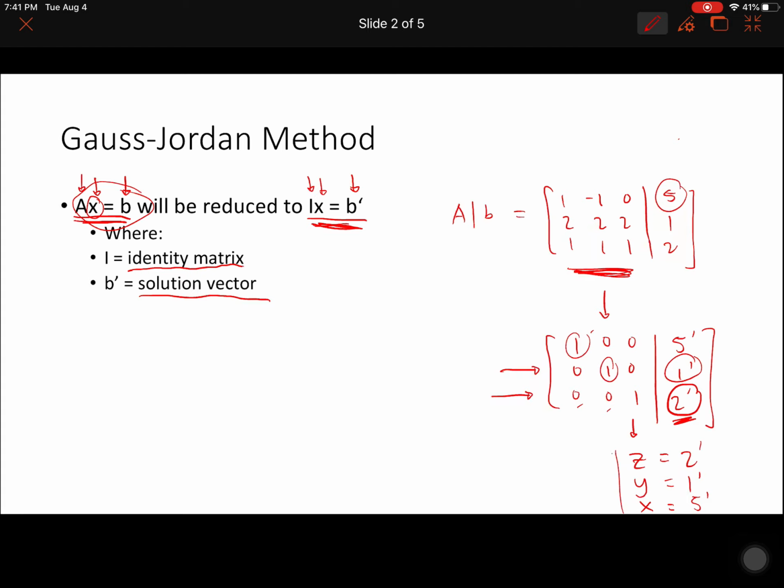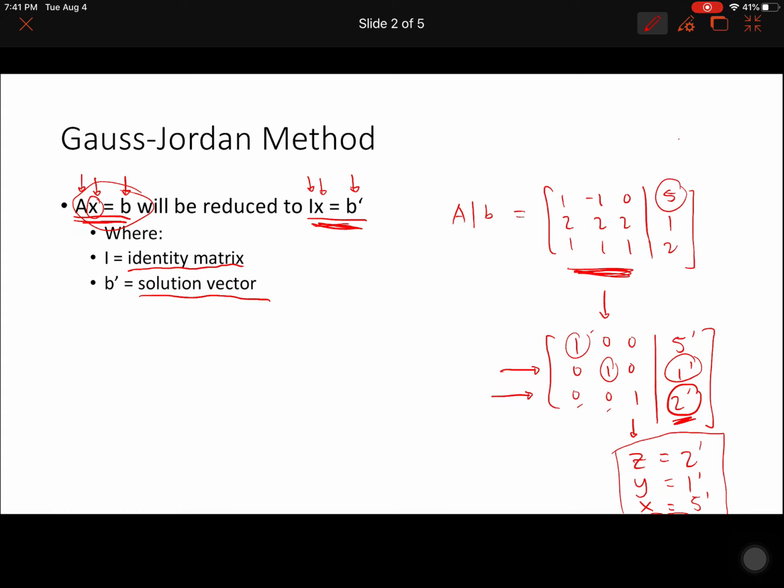So therefore, naa tay answer sa atong system of linear equations. So ana lang siya kasimple. Wala na tay buhaton na substitutions pareha sa Gauss elimination method. Kani siya pag na-solve na nato or pag na-convert na nato siya into an identity matrix, kung unsa ang naa sa constants, equate na siya sa kung unsa ang naa sa identity matrix. Okay?